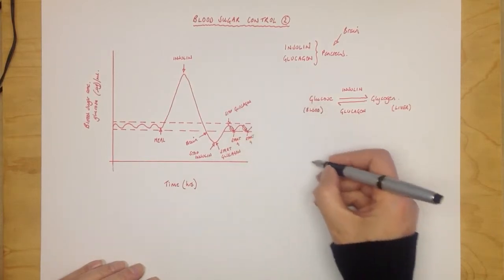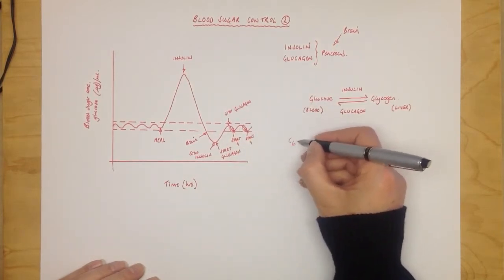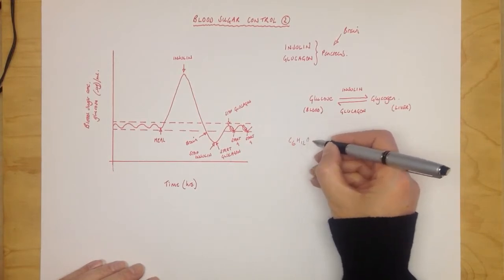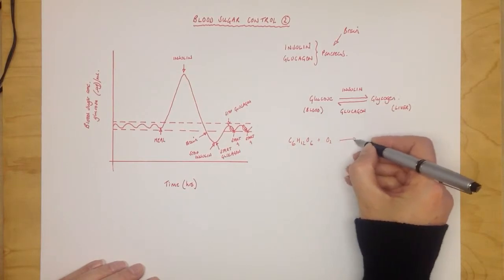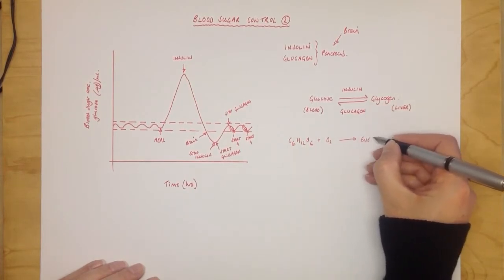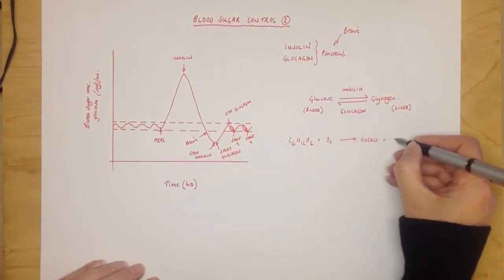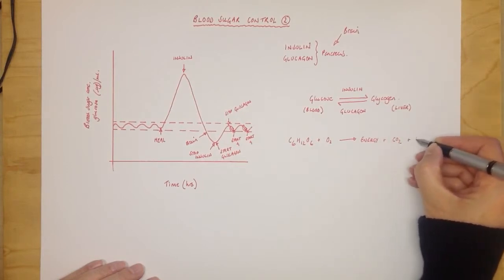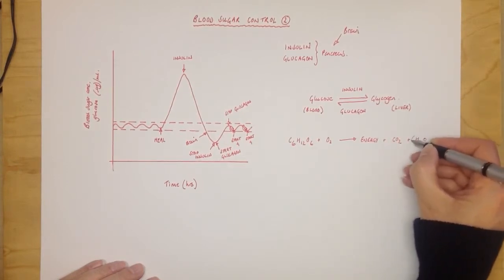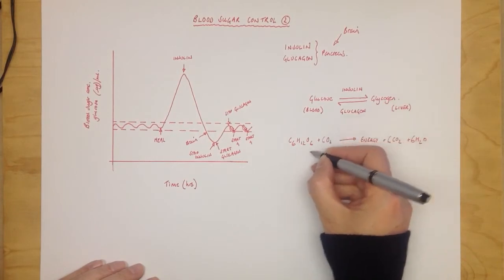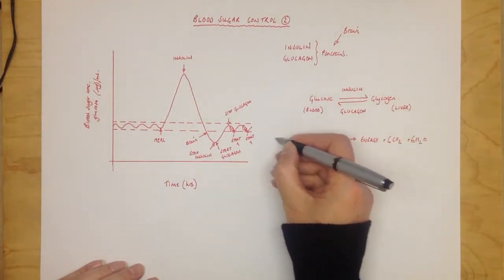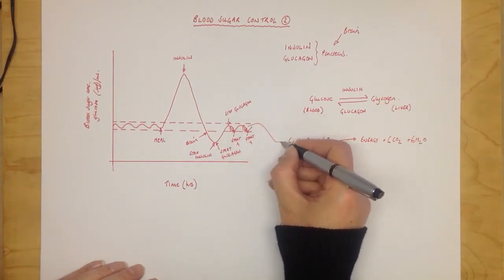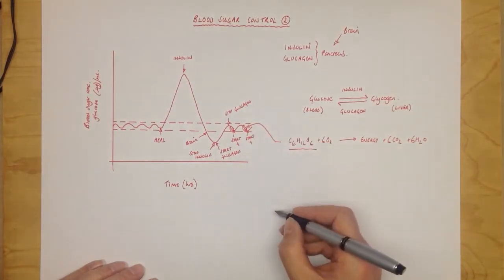But this bit here is respiration, which is C6H12O6, that's your glucose, plus O2 gives you energy plus CO2 plus H2O, and remember it's 6 of each and 6 carbons there. So your glucose is being used up, which is making it fall at that point there.